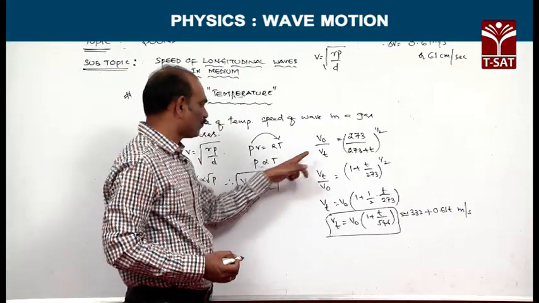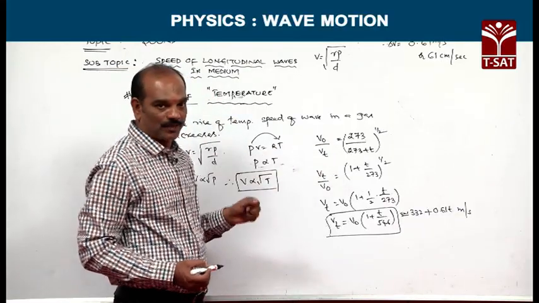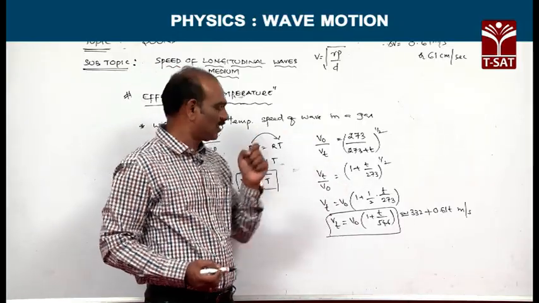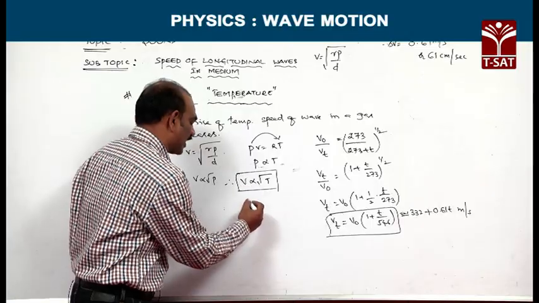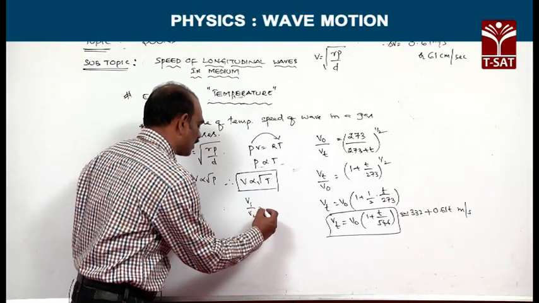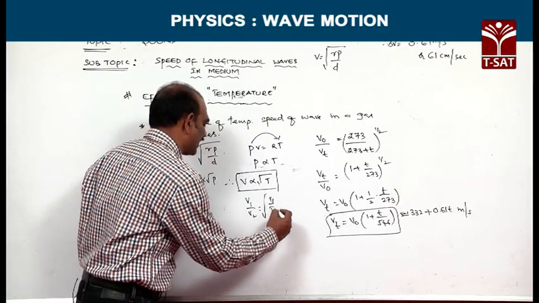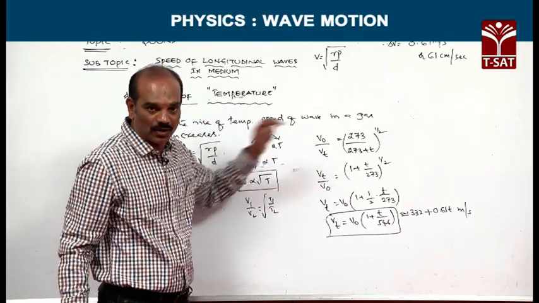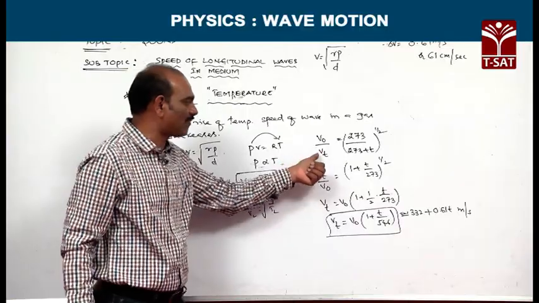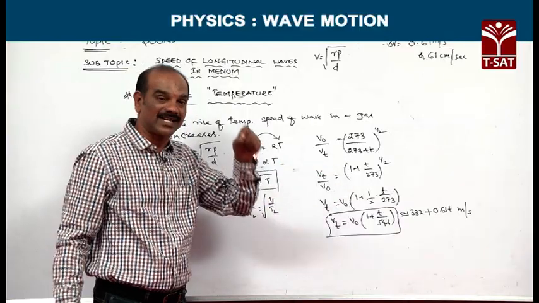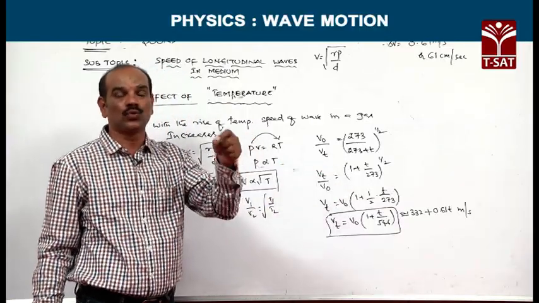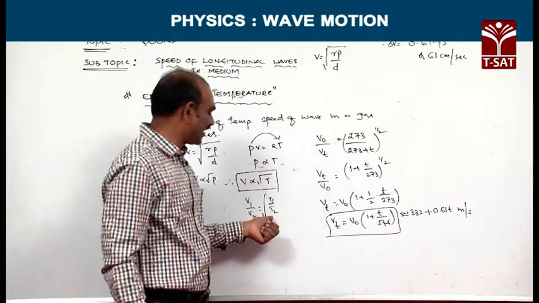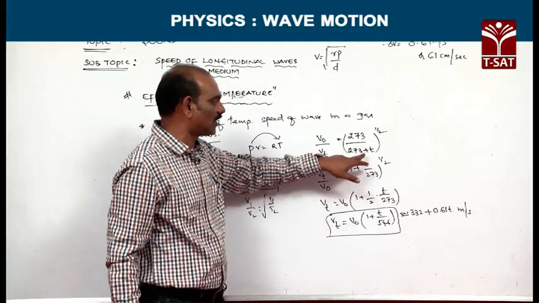Now, let V0 be the speed of sound at 0 degrees and Vt the speed of sound at t degrees. From this relation, V1 by V2 is equal to under root of T1 by T2. Now V1 means speed of sound at 0 degrees, V2 the speed of sound at t degrees. 0 Celsius is equivalent to 273 Kelvin, so t degrees Celsius is 273 plus small t.